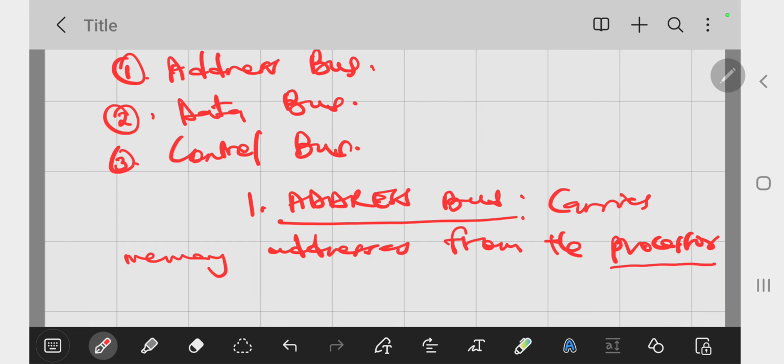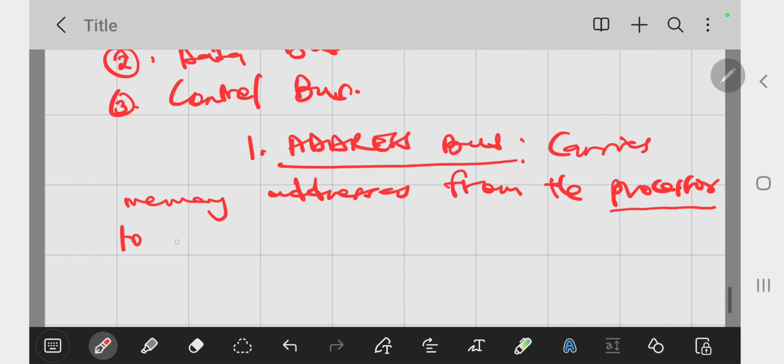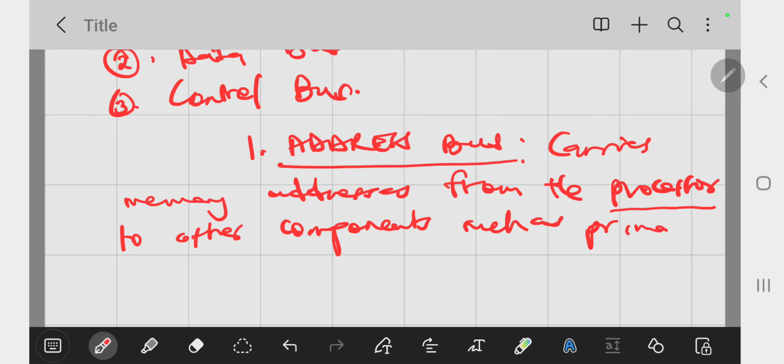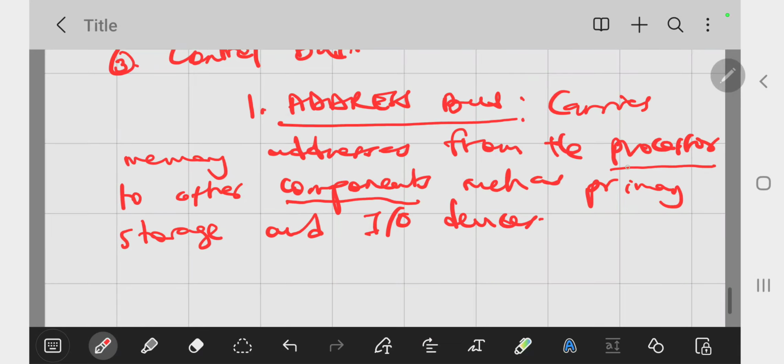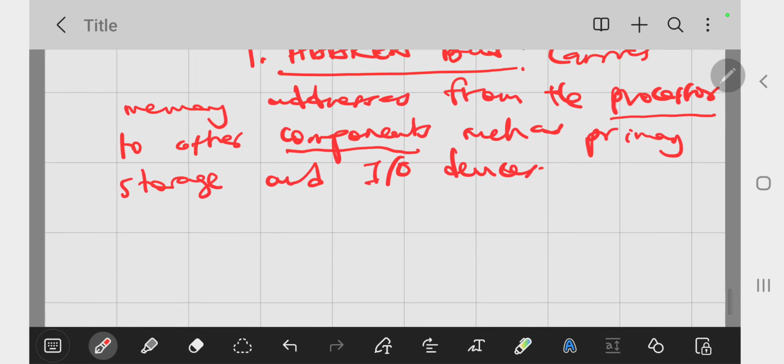It carries from the processor to other components such as primary storage and input/output devices. So this one carries from the processor and it goes to any other component, but it's coming from where? From the CPU processor.